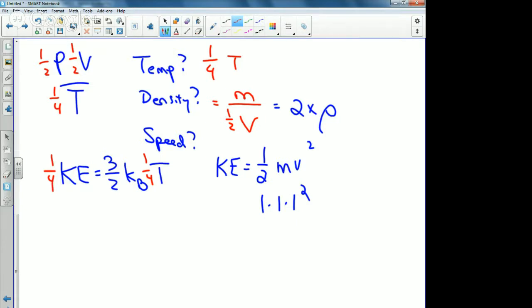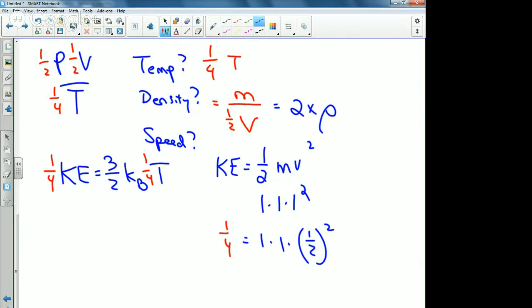Would it be the square root of 1/4? What's the square root of 1/4? Oh, it's 1. What's the square root of 4? 2. Oh. So 1/2? So 1/4 is really equal to 1/2 squared. I purposely picked this hard number because you guys are terrible at square rooting fractions.